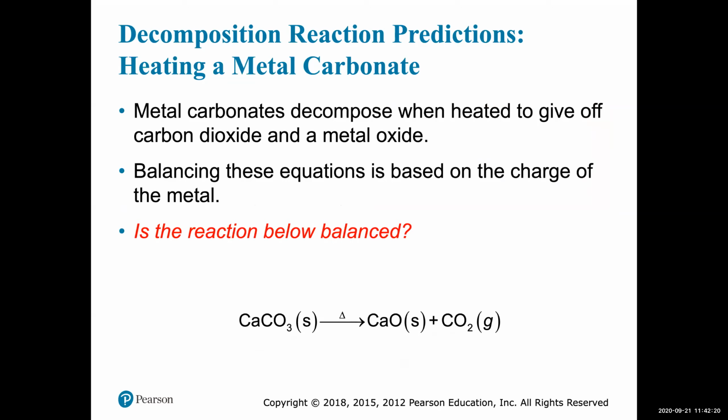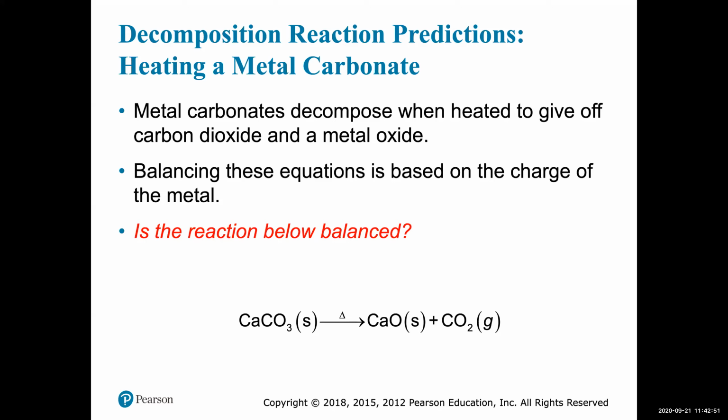So there is a reaction here, calcium carbonate going to calcium oxide and CO2. Is that reaction balanced? If we want to see if it's balanced, the first thing we would do is ask how many calcium atoms are on each side. We see we have one on the left and one on the right. Then let's look at the carbon.